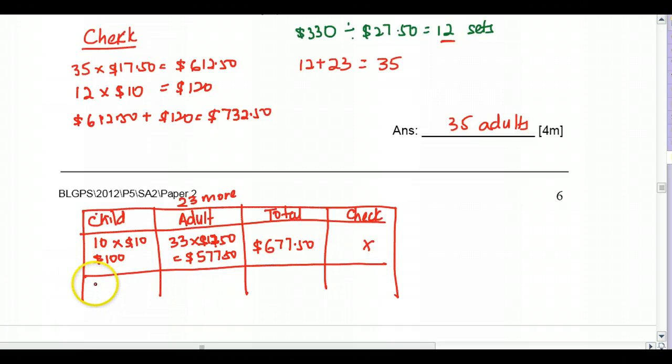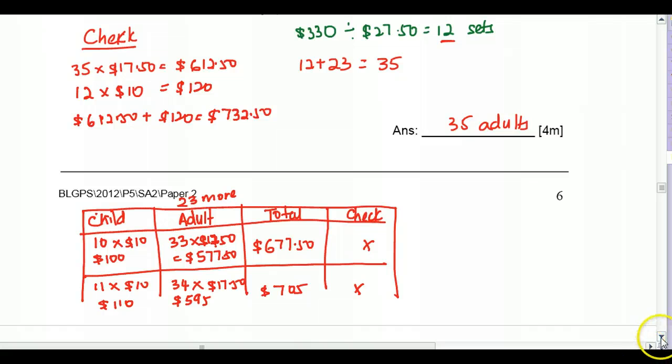If I have 11 children, 11 plus 23, I would have 34 adults times $17.50. So here I have 110. Here I would have 595. Total 705, which is also wrong.